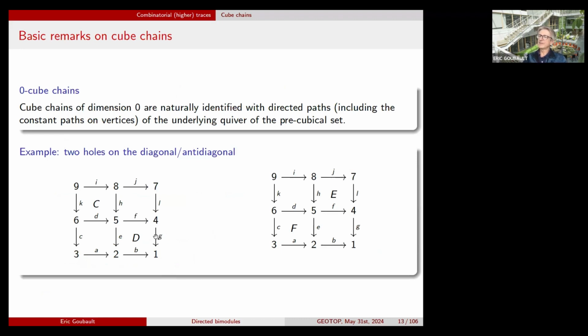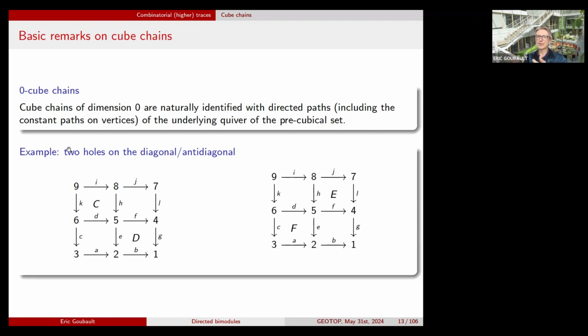So here are two simple cubical sets of dimension 2. So C and D are two cells, two filled squares, E and F as well. And you have the underlying graph of this precubical set. What you can see very easily from the definition is that what we call zero cube chains are just directed paths from V to W, right?